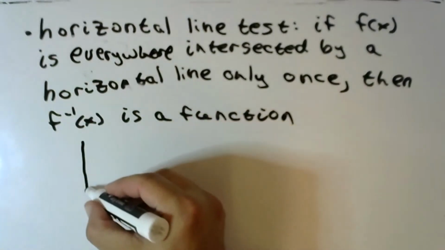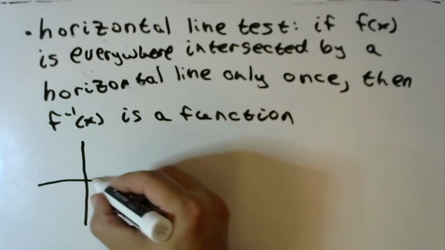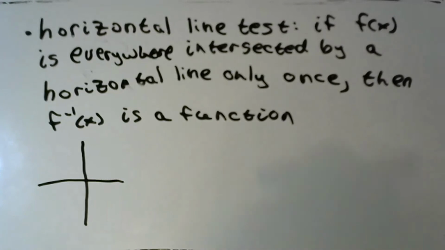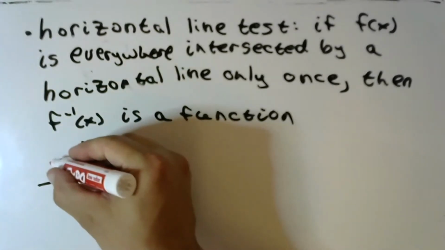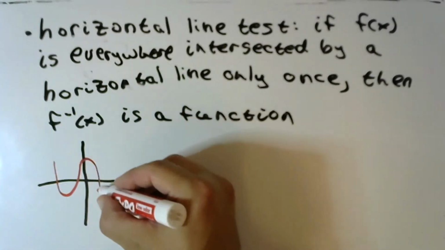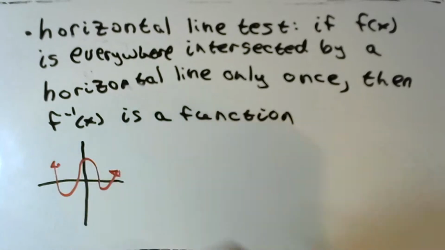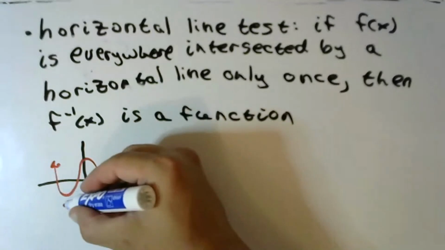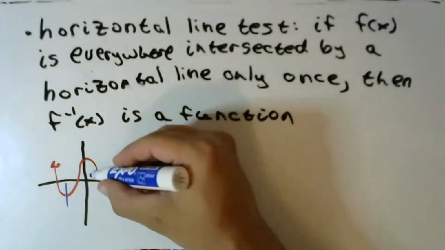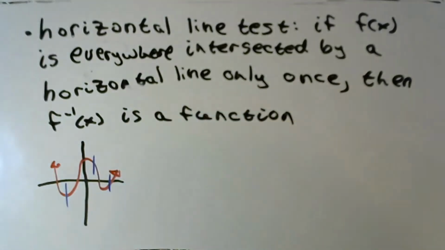So for example, if you have, say, an oscillating function like this, if we pass a horizontal line through this function, even though itself is a function, it'll pass the vertical line test just fine. So it is a function, f of x.